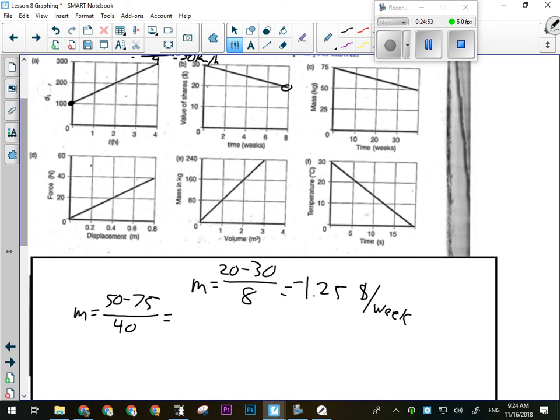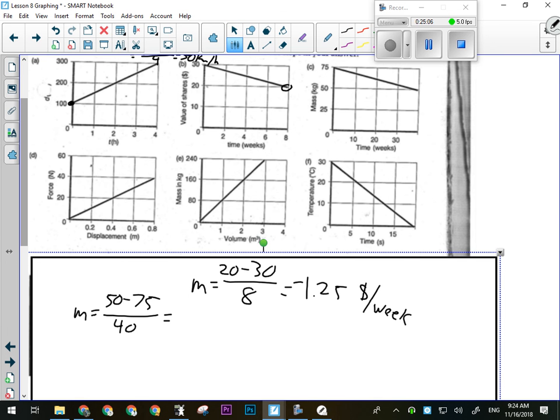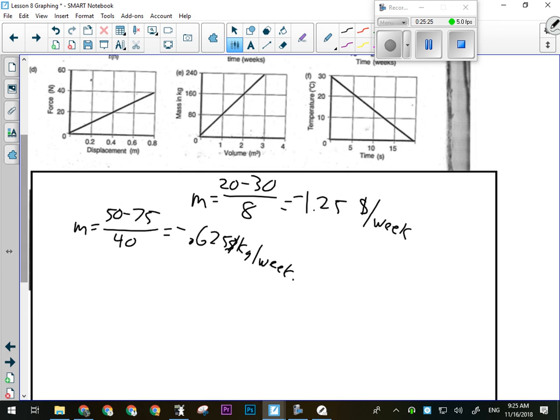All right, so they lost negative 25 kilograms in 40 weeks. All right, so we're looking at they're losing negative 0.625 kilograms per week. Okay, which is actually a fairly healthy rate of weight loss. That's about a pound a week. Okay, that's a pretty healthy rate of weight loss.